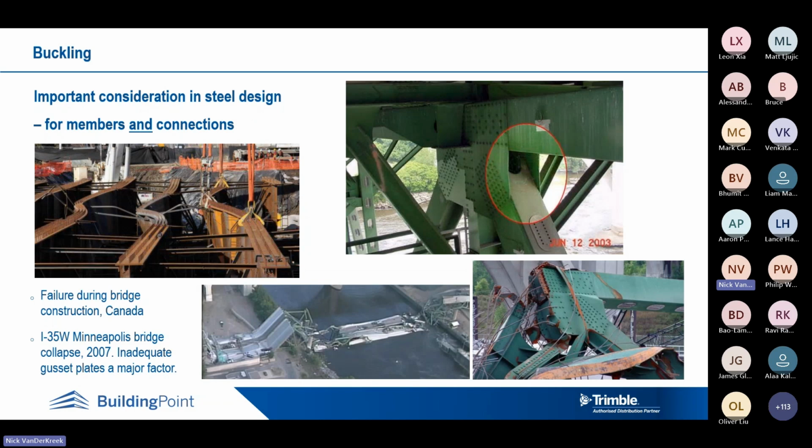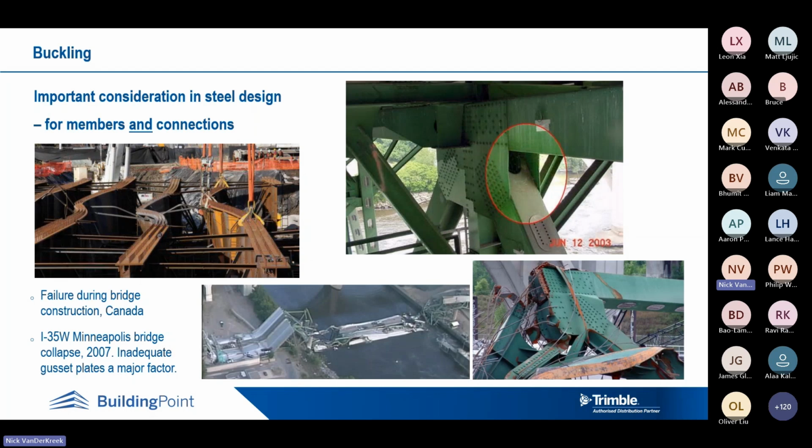The same sort of thing, of course, could happen in connections. We could have a failure if we haven't paid enough attention to this issue. And it's less common, I guess, than member failures and frame failures. But the Interstate 35W Minnesota Bridge collapse in 2007 was largely attributed to inadequate gusset plates, and some articles indicate they were too thin with respect to the buckling or the stability aspects.